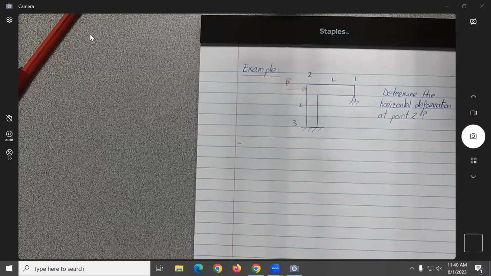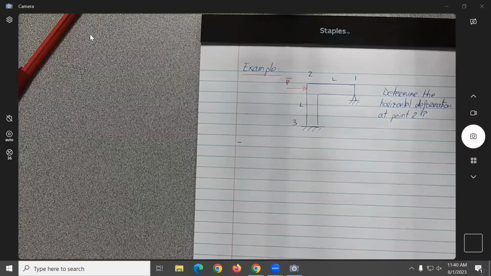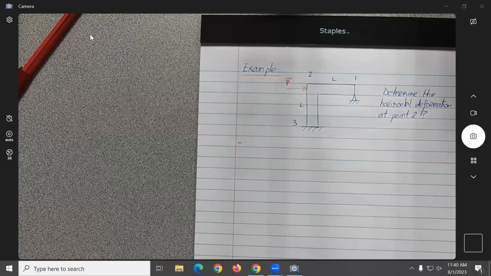So at least we know what we need to do. Now, first question: is this problem statically determinate or statically indeterminate?